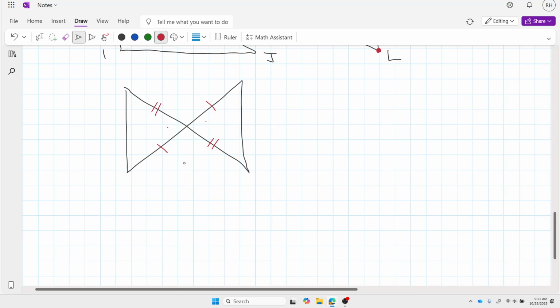It may not be written in the problem. You may not be given the angle measure. You may not be given arc marks. But when you draw these diagrams, you're expected to know that this angle is congruent to this angle. Which gives you side angle side and side angle side. You just then have to focus on the order of the vertices when you write the congruence statement.